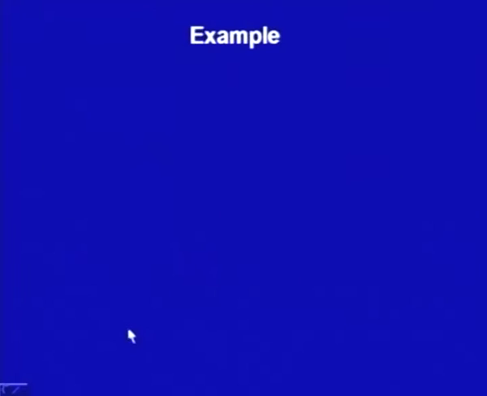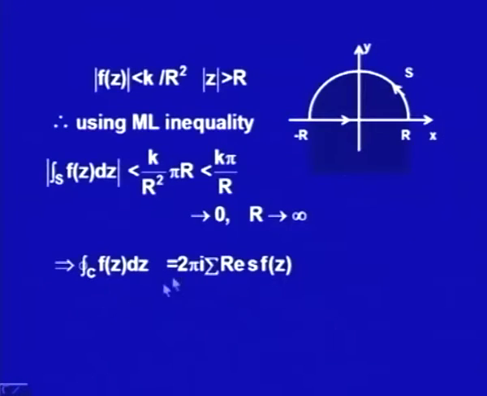Now, we are taking the limit. So, what we have got is that the integral from minus infinity to plus infinity of f x dx would be equal to 2 pi i times the summation of residues of f z, where we would take the residues at all the isolated singularities inside this semicircle.